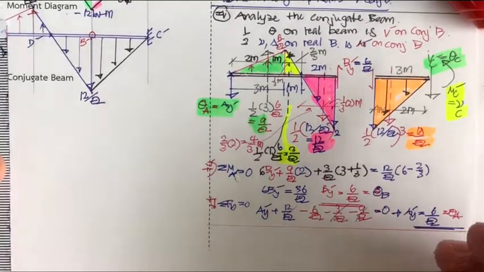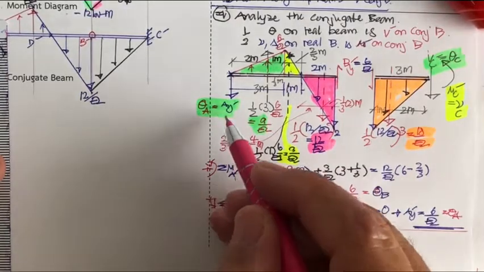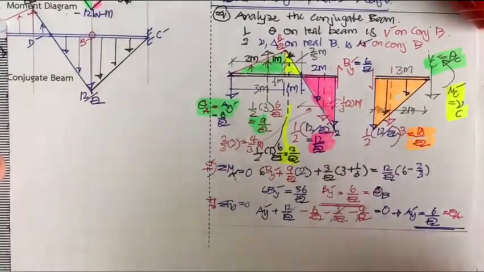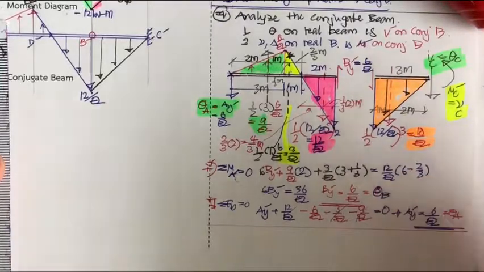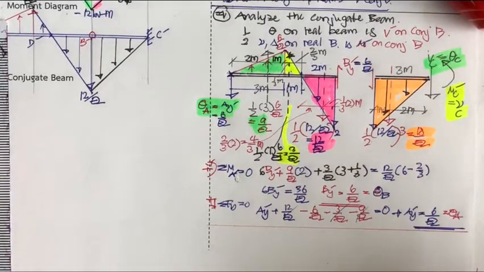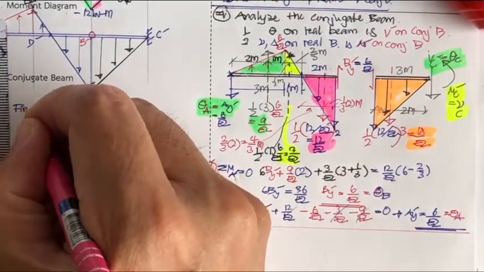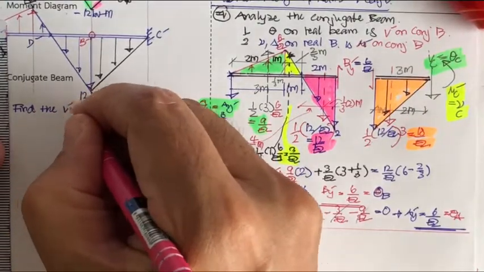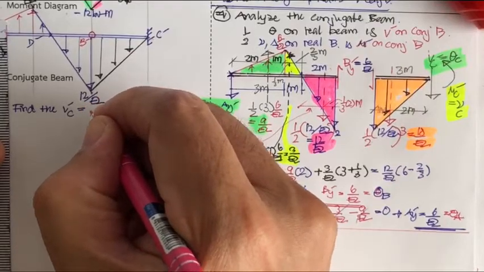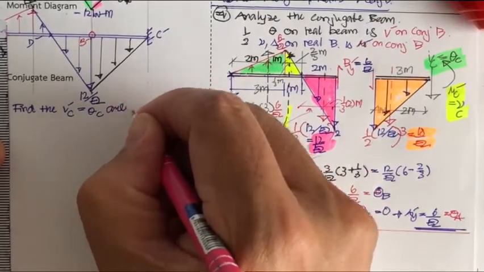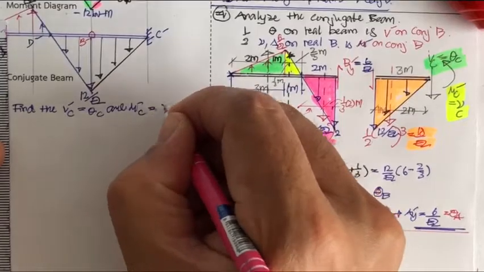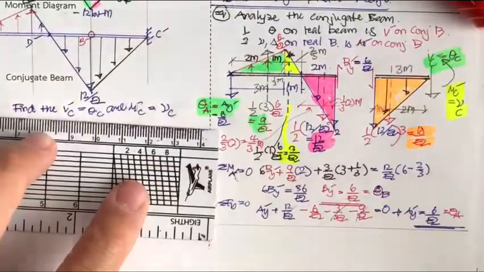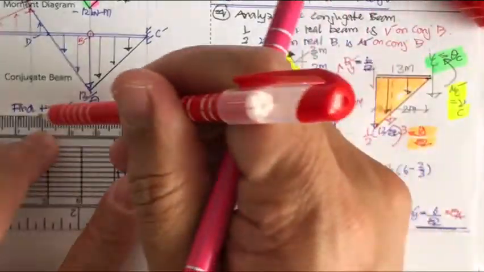What we have is now we have this already of 6 over EI, and this one 6 over EI. Then we will determine V prime sub c, which is equal to zeta sub c, and M prime sub c, which is equal to V sub c. Okay, we just start by doing this.